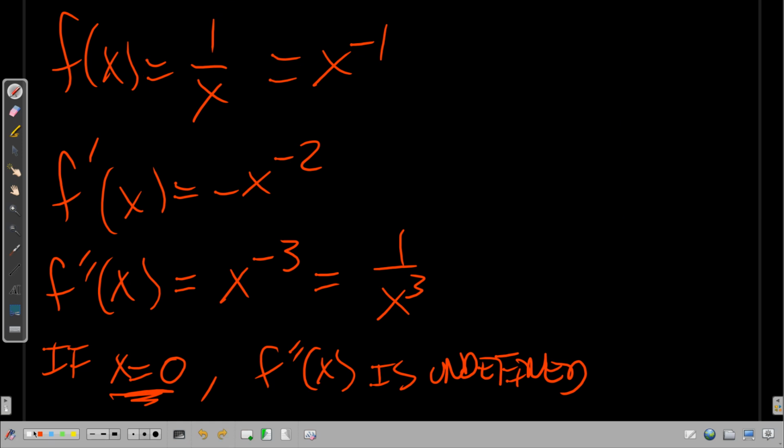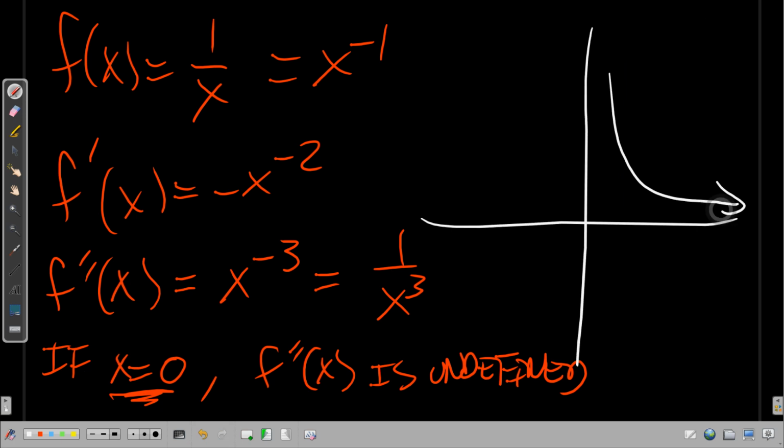You see, the graph of this guy would be looking like this. So right here at 0, when x is 0, the curve is not defined. f is not defined at 0, and you can see what the issue is. If you tried to say that an inflection point occurred there, it's not actually a point on the curve.